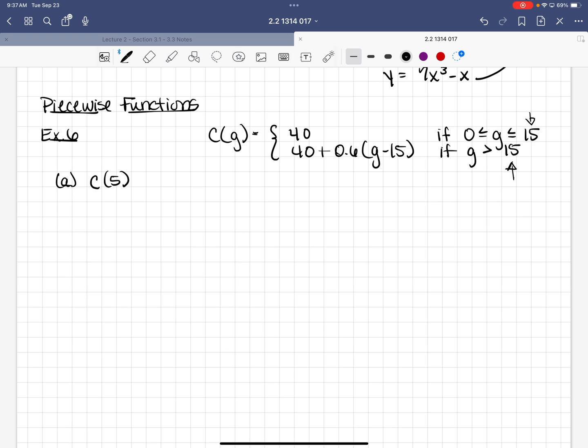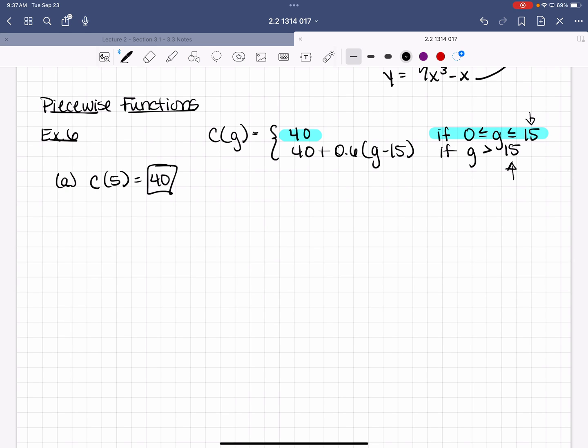Falls in the top category. Good. Well, what does it say? If it's falling in the top, what does C of 5 equal then? 40. Well, that's pretty easy, wasn't it? You're like, it can't be that easy.